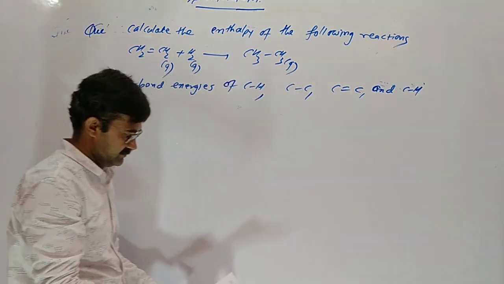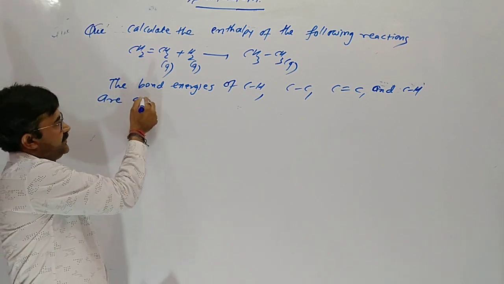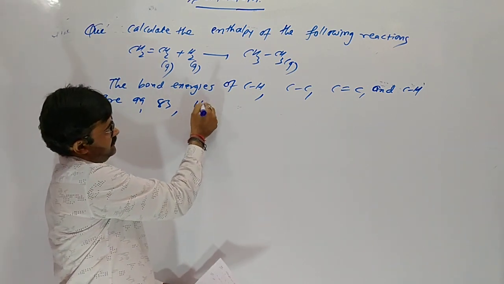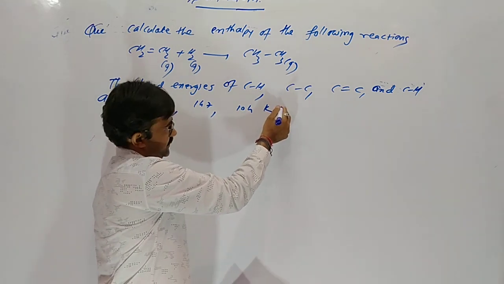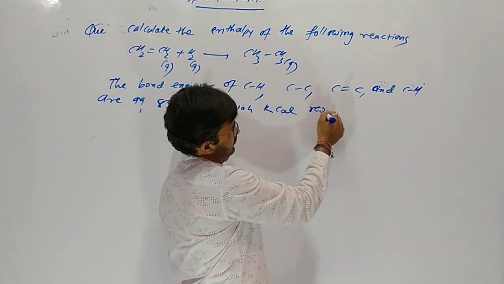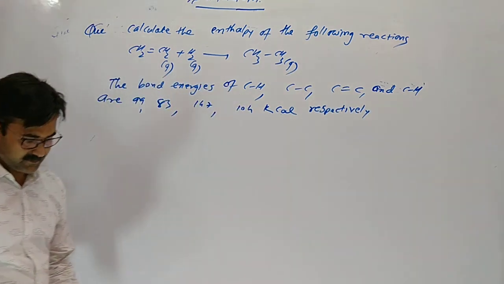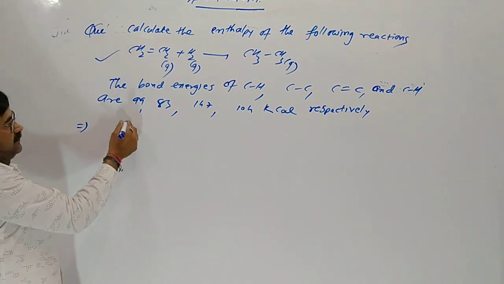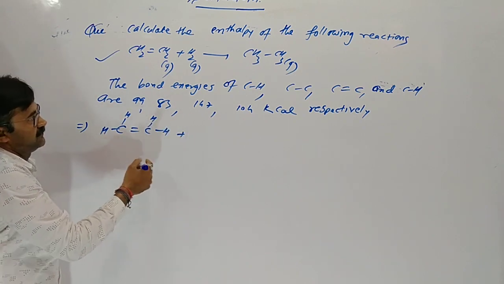CC bond are 99, 83, 147 and 104 kilocalorie respectively. So first I told you we have to draw full structure.